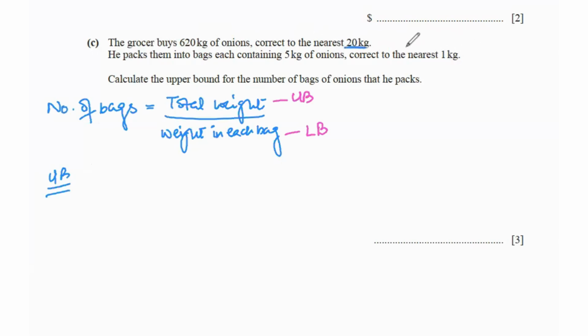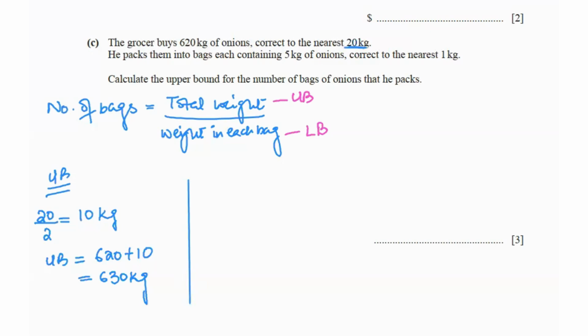So this nearest 20 kg is your degree of accuracy. First we divide the degree of accuracy by 2, which gives us 10 kg. So the upper bound is going to be 620 plus 10 kg. When it's upper bound, you add. When it's lower, you subtract. So 630 kg is your upper bound.